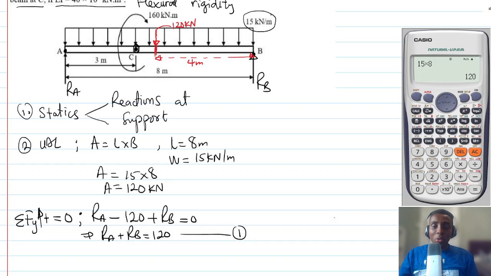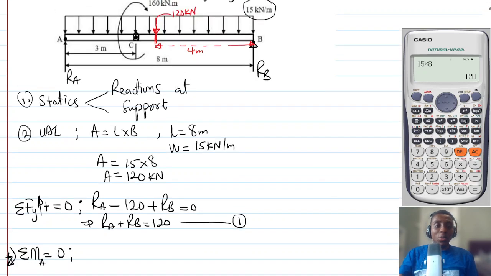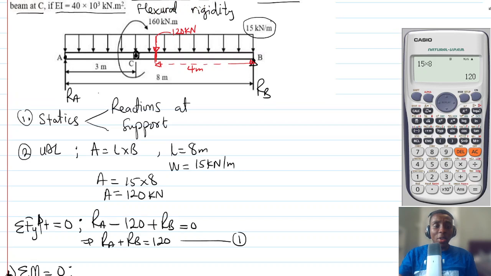Once we have equation 1, the next step is to look at the moment. For a rigid body to be in equilibrium, the summation of moments, where we say clockwise is positive, should be equal to 0. Let's take moment about point A. Don't forget that the concentrated moment at C is already applied on the beam itself, so that one is already there.